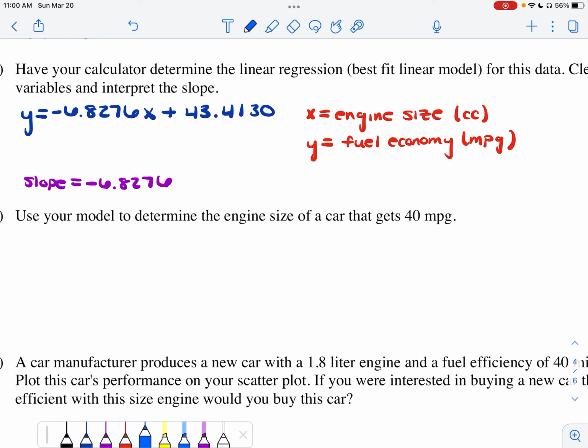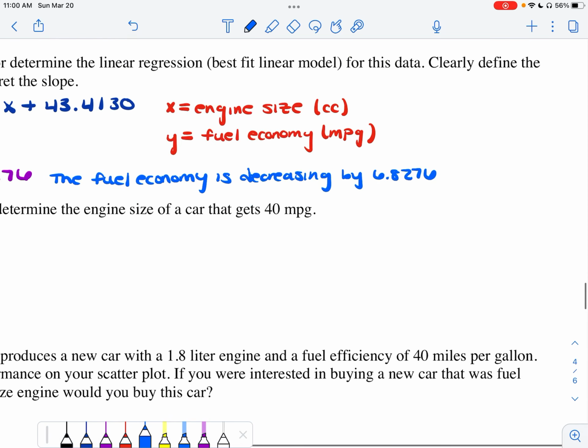So I would say the fuel economy is decreasing by 6.8276. I didn't have to put the negative on here because I said the word decreasing. That means the same thing.